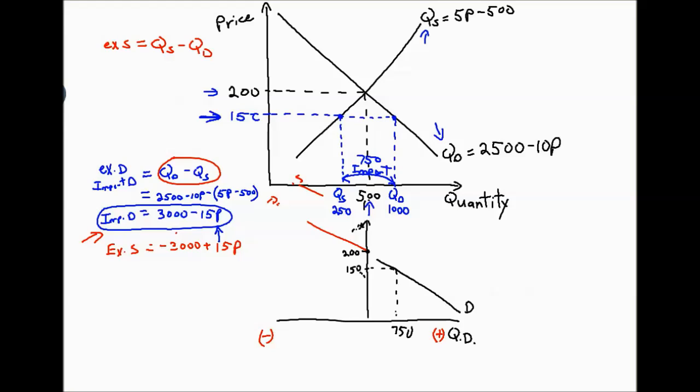Now we have quantity supplied minus quantity demanded, and by substitution that's 5p minus 500 minus 2500 minus 10p, and when you work that out, it will work out to be exactly minus 3,000 plus 15p.